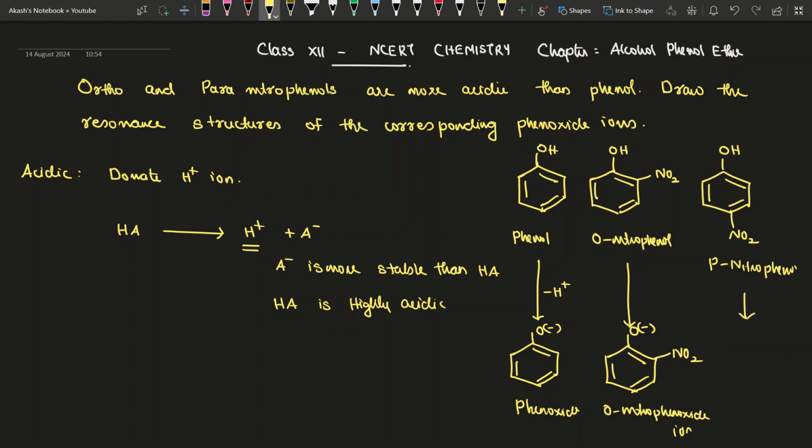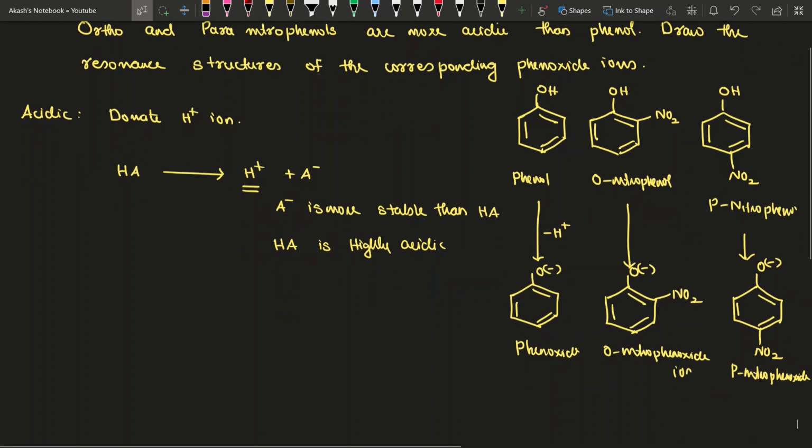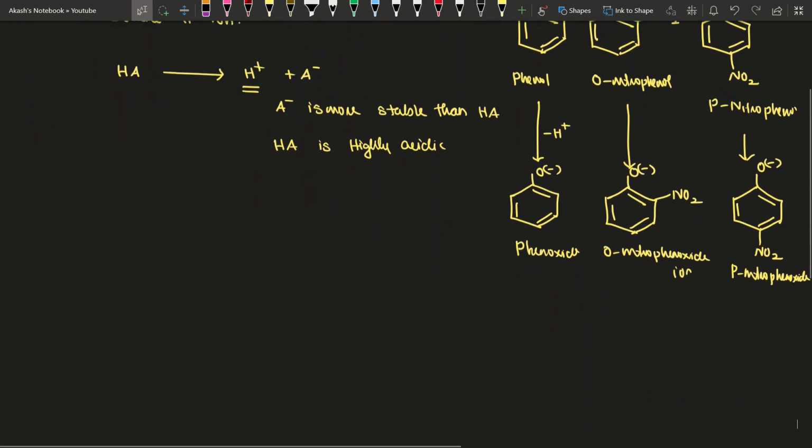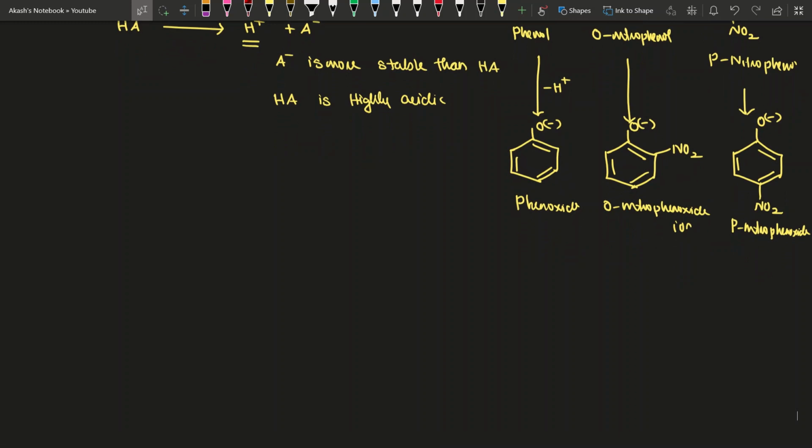By donating an H plus ion from para nitrophenol, you will get the para nitrophenoxide ion. When we are comparing the stability of the phenoxide ion, the ortho nitrophenoxide ion, as well as the para nitrophenoxide ion, the para nitrophenoxide ion and ortho nitrophenoxide ion are more stable than the phenoxide ion.